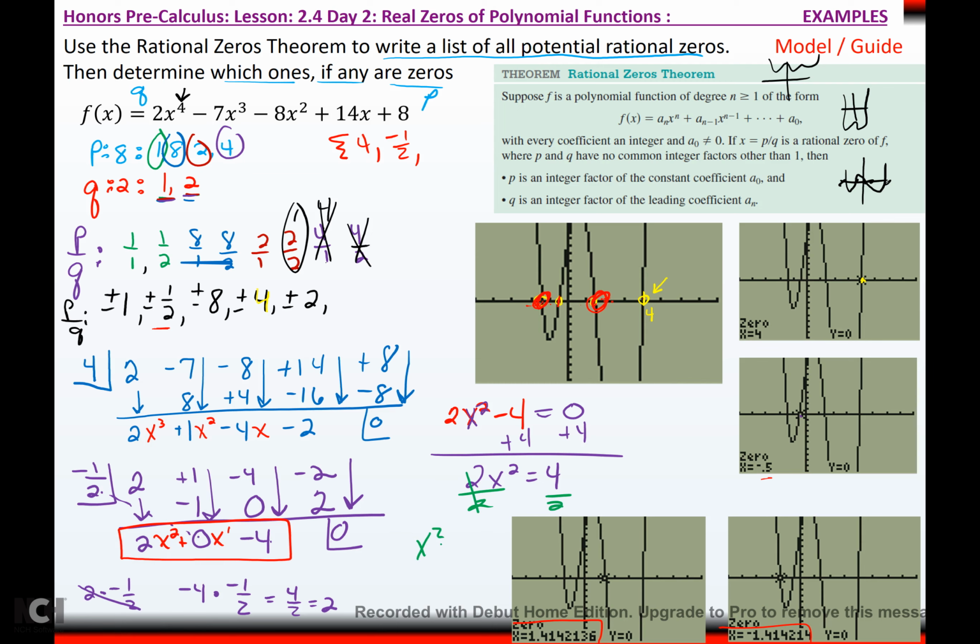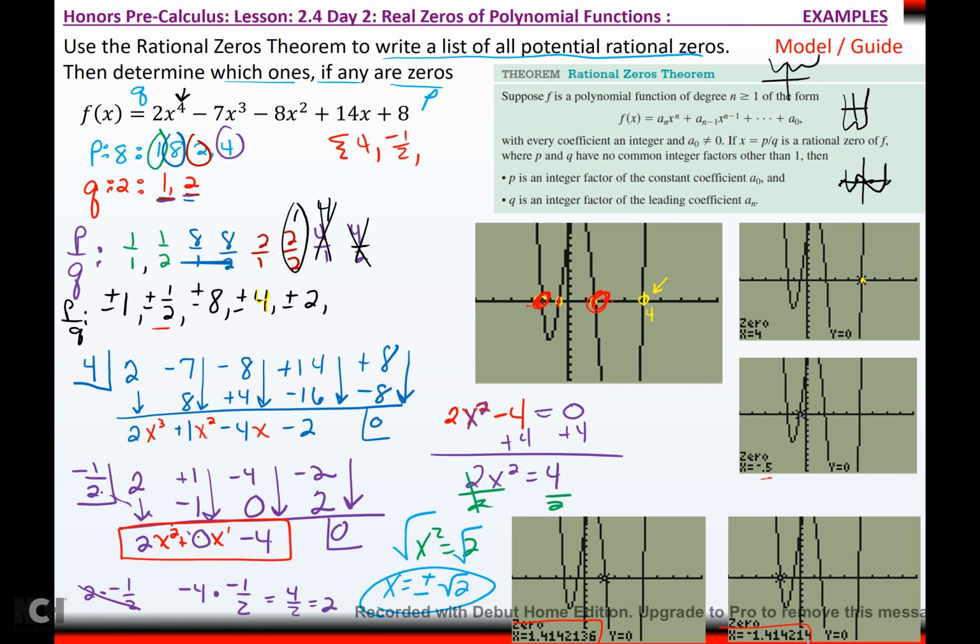I get x squared equals 2. Then I'm going to square root, and I get x equals plus or minus the square root of 2. And I promise you, type in a positive square root of 2 on your calculator, and it's going to give you 1.41422136. Type in negative square root of 2, and it's going to give you negative 1.414221 whatever. Okay?